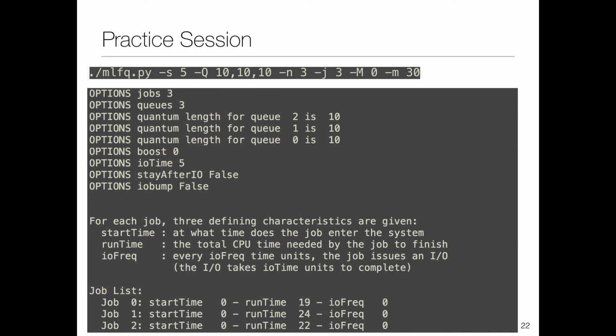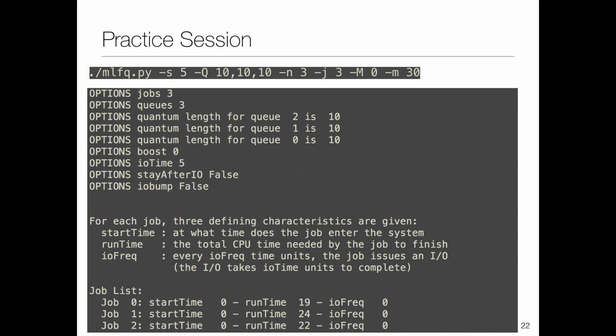We'll have J1 run for another 10 units, J2 run for another 10 units. At time 20 and 30, we have still 9 units left of J0, 14 units left of J1, and 12 units left of J2. Sorry, 22 originally, so 9, 14, and 12 units at this point of time.